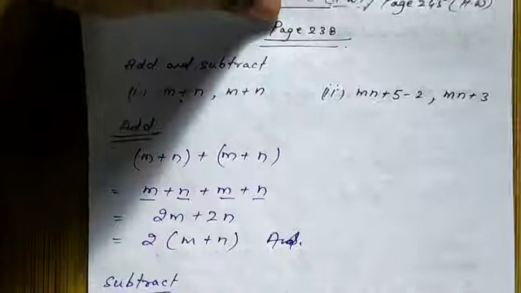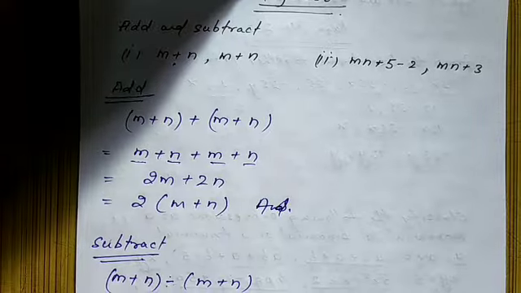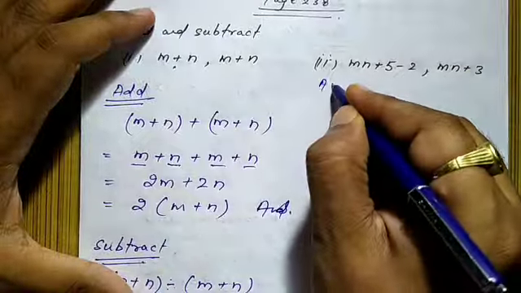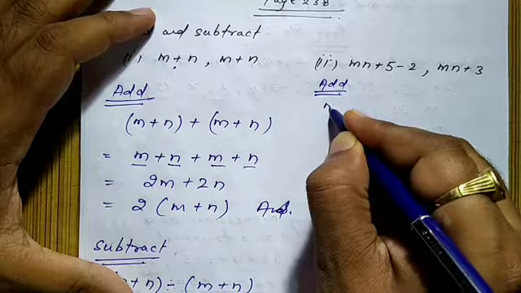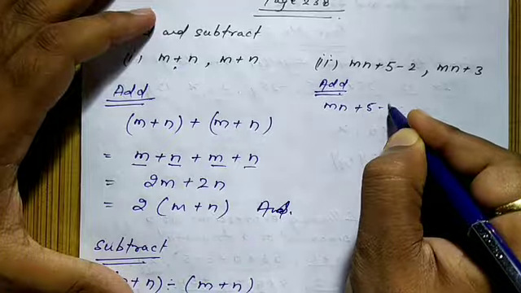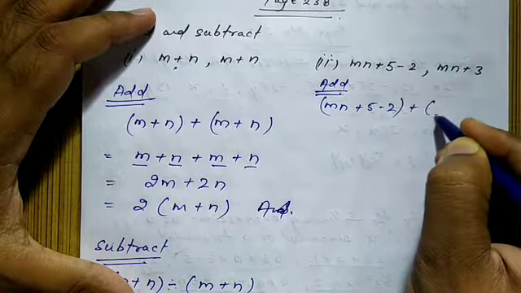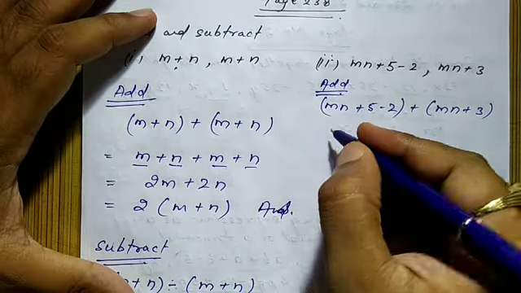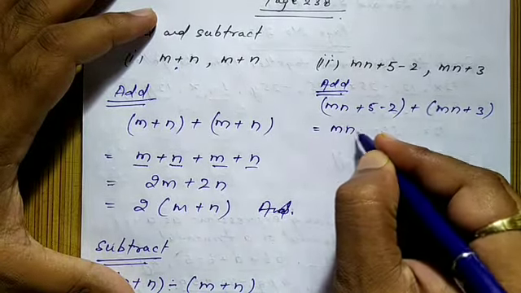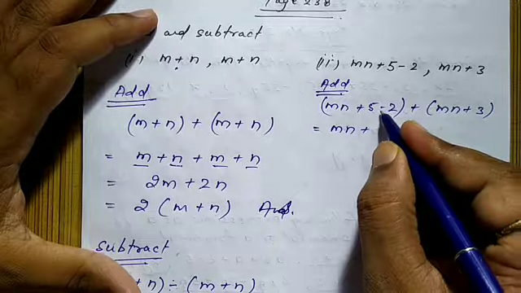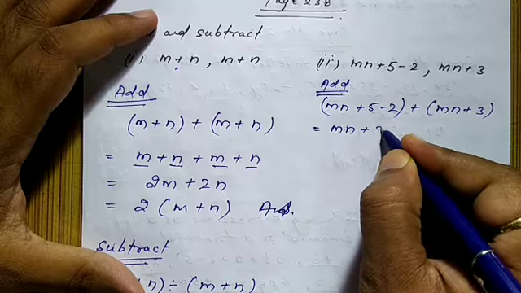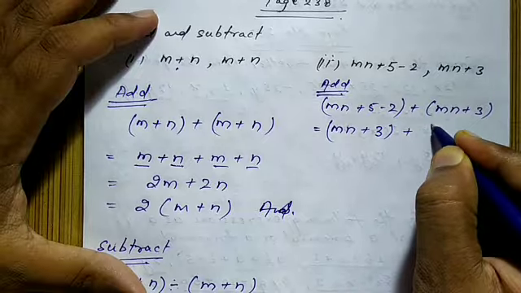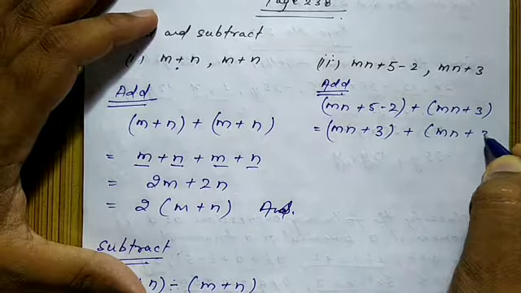Now the second one is also very easy. First add mn plus 5 minus 2 plus mn plus 3. Now here mn plus 5 minus 2, that is 3, plus mn plus 3.